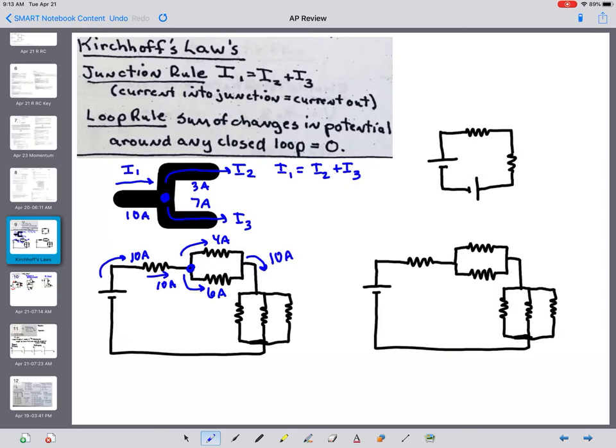How those amps split up depends on how much resistance is in the branch. So then when we come down to the 3 in parallel, I have 3 different paths. Electrons can't go to 3 different places at once. So I'm going to have some that go there, some that come here, and some that go here. But it's going to have to add up to 10 still. So maybe 2 amps, 3 amps, and 5 amps.